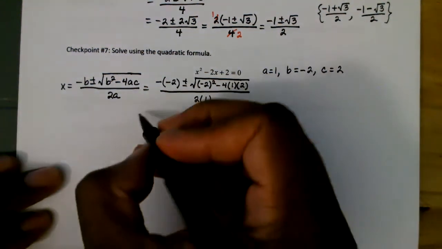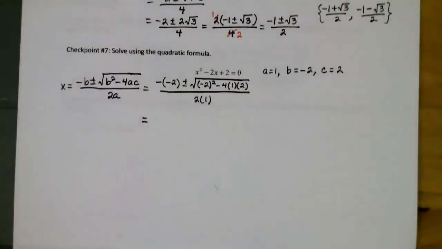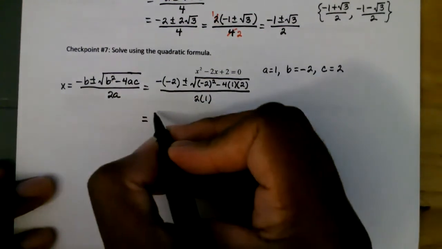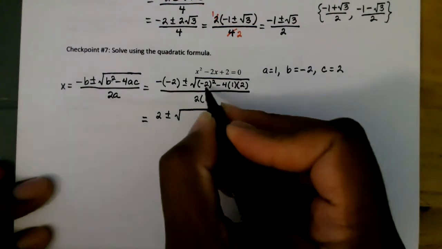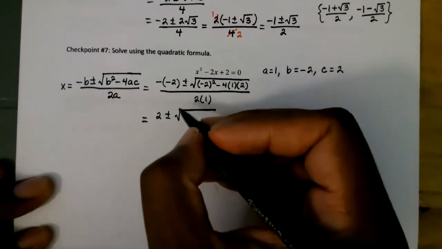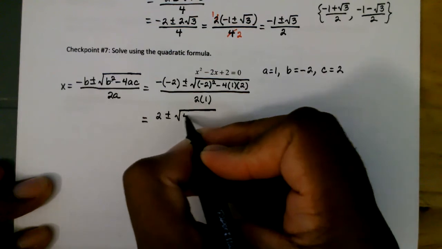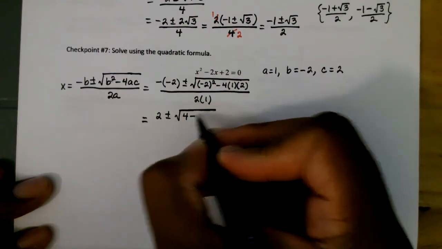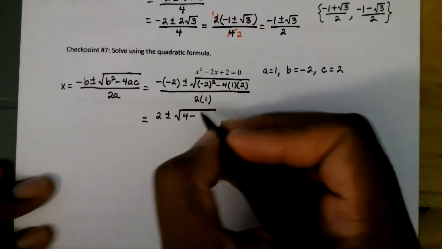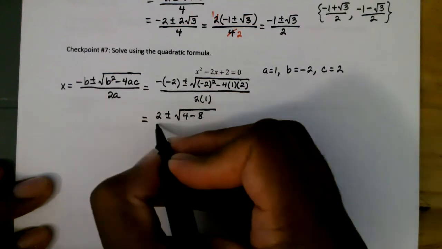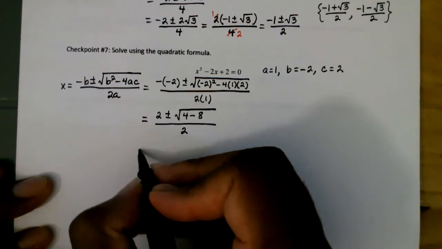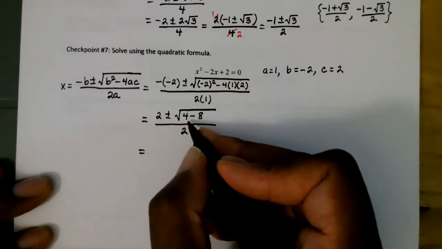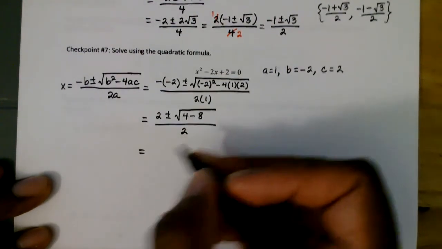Okay. Now to simplify all of this, negative of negative 2 will be 2, plus or minus the square root of negative 2 squared, or negative 2 times negative 2 will be 4, minus 4 times 1, which is 4 times 2, which is 8, all over 2 times 1, which is 2. Now, underneath the radical, 4 minus 8 is negative 4.